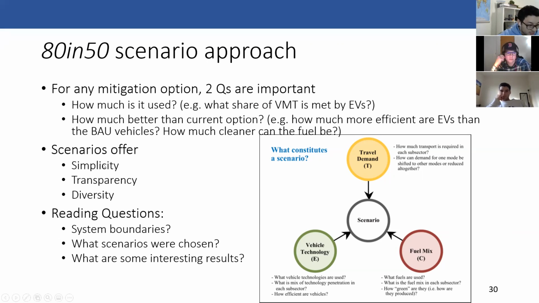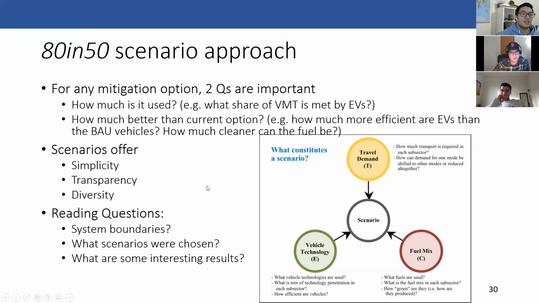And so these particular scenarios show simplicity and transparency, which is really important because to some stakeholders, you could make a complex model that really ends up being a black box and we don't really know what goes into it. But in this case, it's really obvious. And the other thing is that you don't need a lot of complex modeling to understand that you could get to this particular outcome with a diverse set of options.